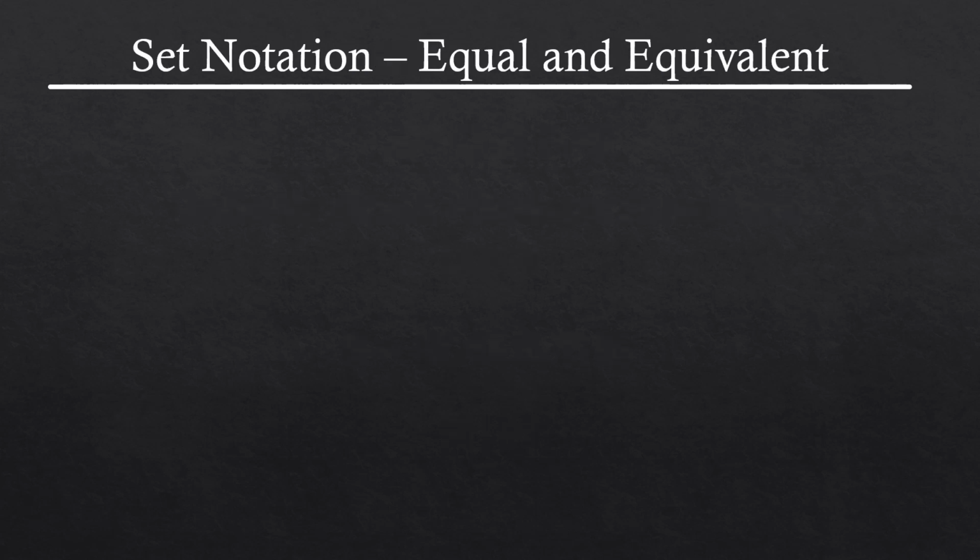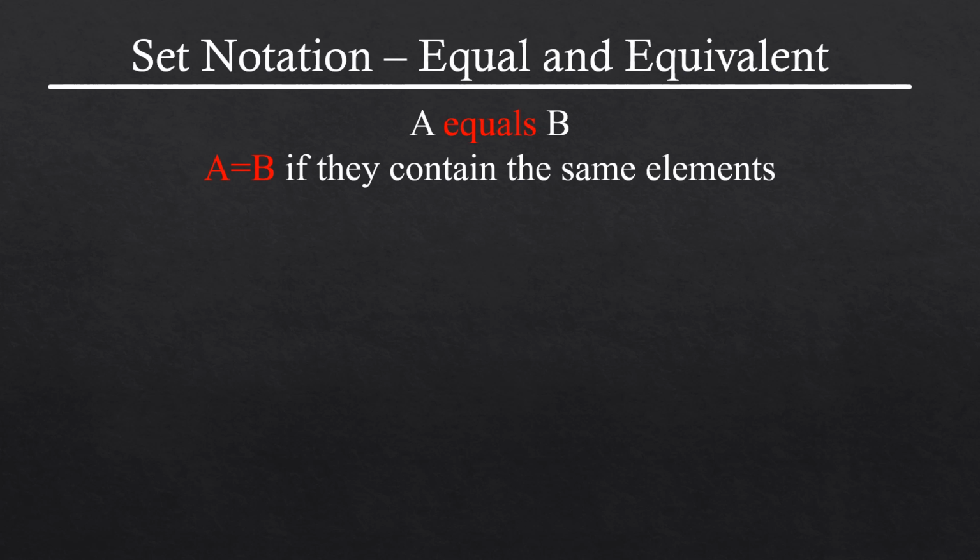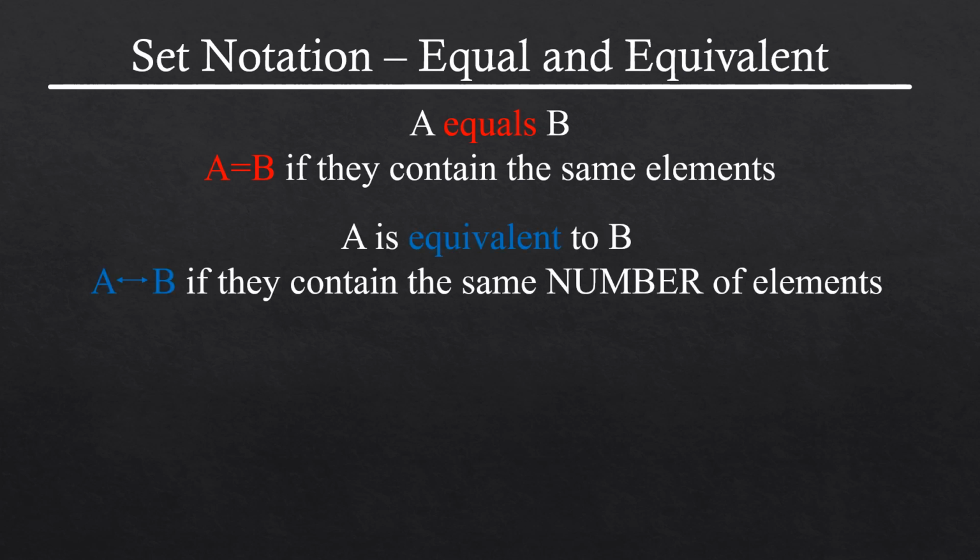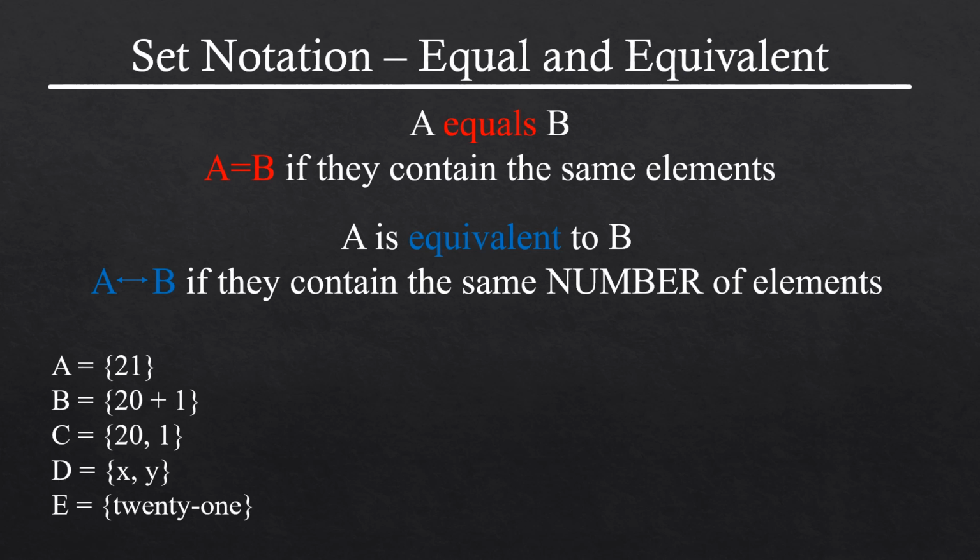We're getting near to the end, just a couple more slides. We have equal and equivalent. A equals B if they contain the same elements. And sets are equivalent if they contain the same number of elements. So this is where cardinality works back into place. Let's look at an example. I've given you 5 different sets here, which all look similar but yet different.